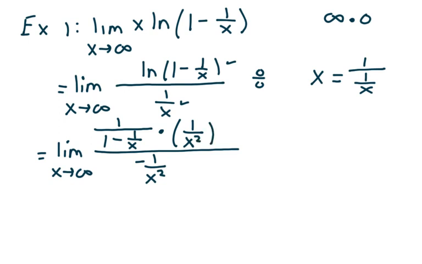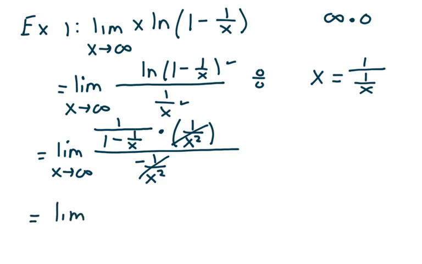I do hope you guys can read that okay. Now, there's still a negative there, but there's a 1 over x squared in the numerator and in the denominator, so I can cancel those. But don't forget that negative.